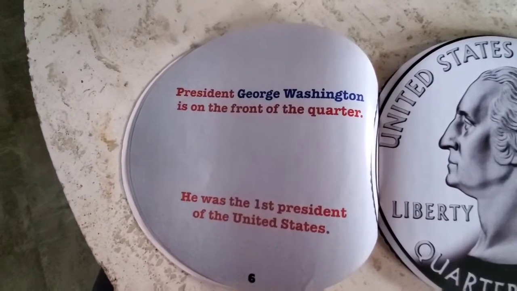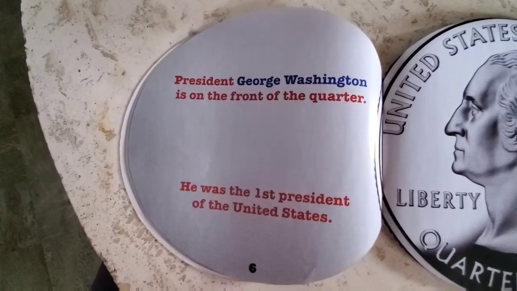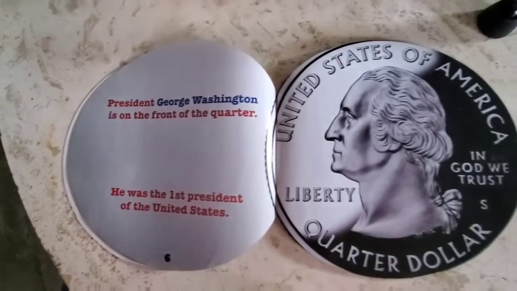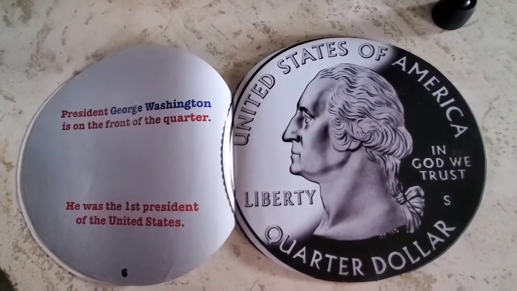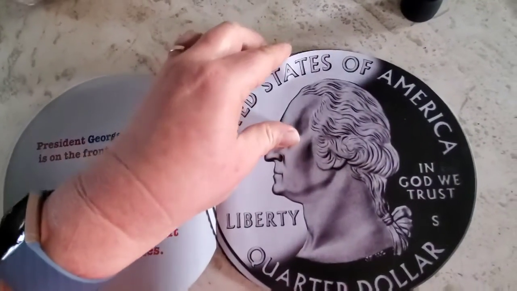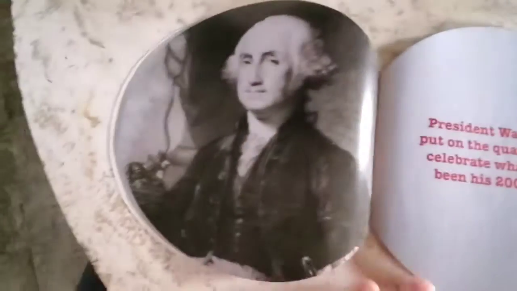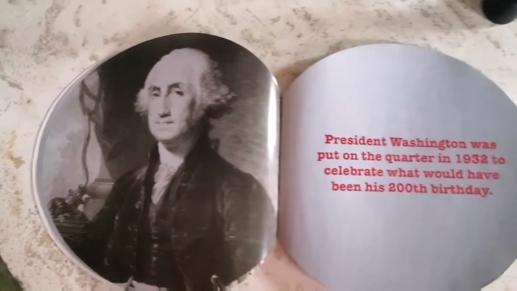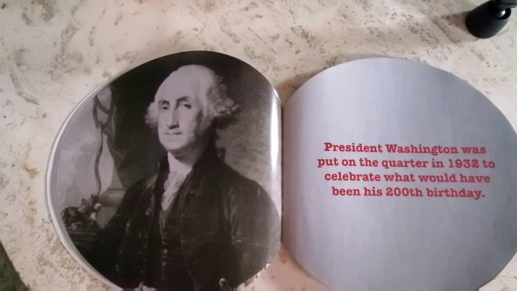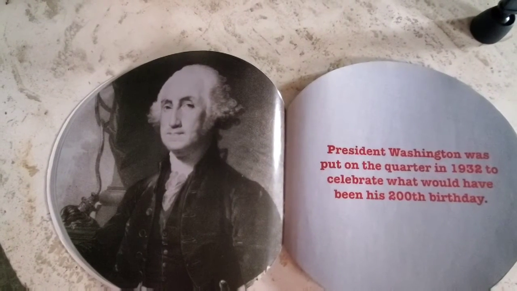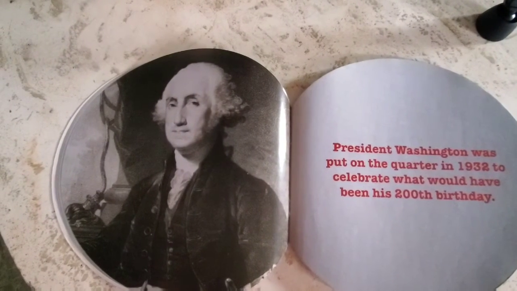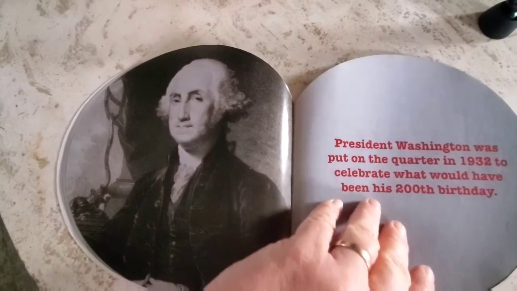President George Washington is on the front of the quarter. He was the first president of the United States. President Washington was put on the quarter in 1932 to celebrate what would have been his 200th birthday.